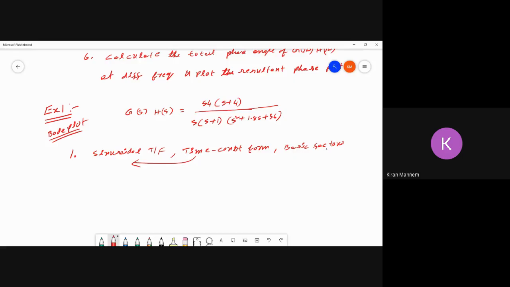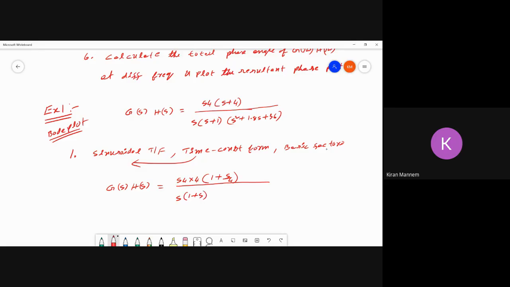Let us write G(s)H(s) equal to. What is the time constant form? I should write it as 1 plus s, 1 plus s, something like this. So multiply 54 into 4 in the numerator, so it would be 1 plus s by 4. In the denominator it is s into 1 plus s only.